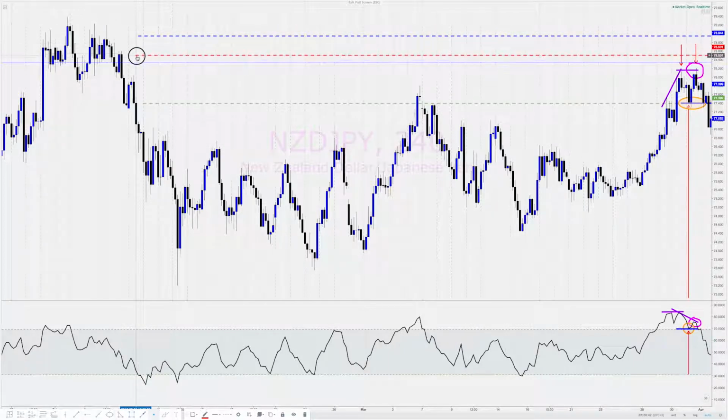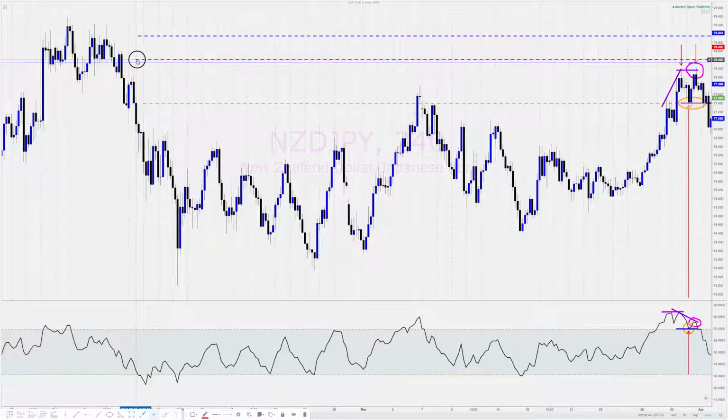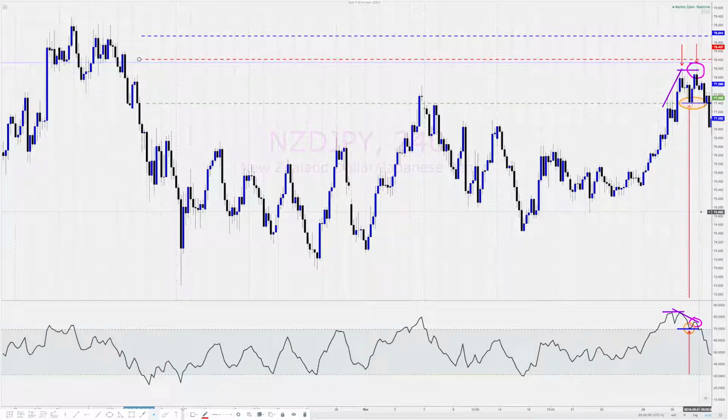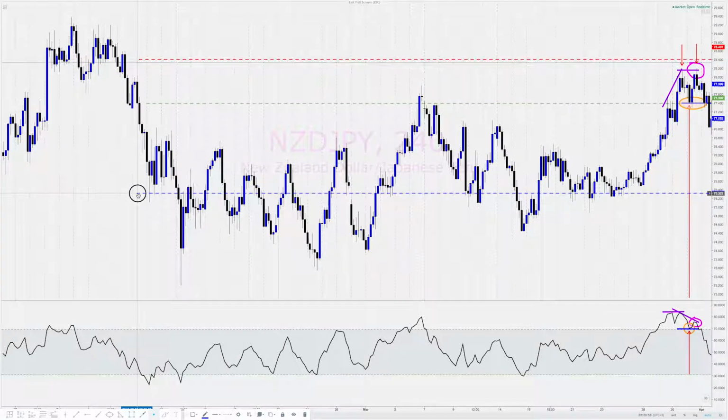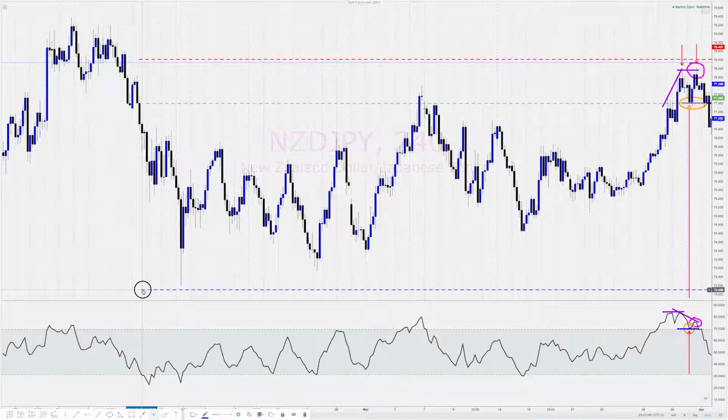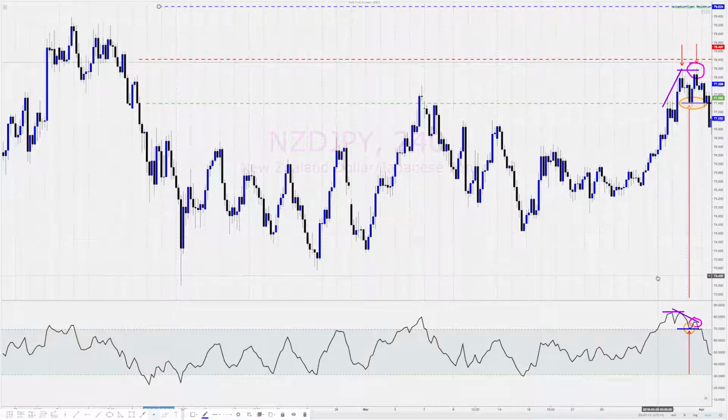Stop, go up here somewhere, wherever you feel comfortable, but above the swing. Take profit: we could set that somewhere, but really we watch the RSI for our take profit level. We're not worrying about our take profit yet. We want to actually get into profit before we even worry about the take profit level.